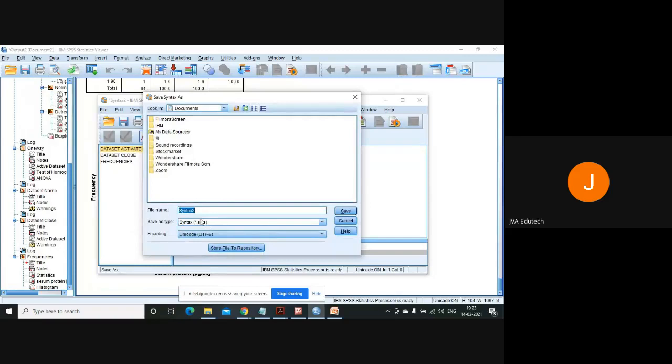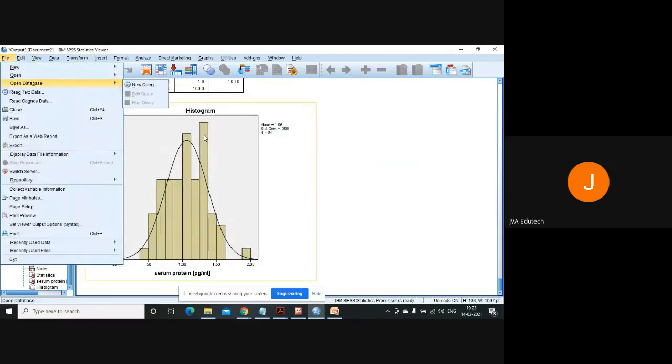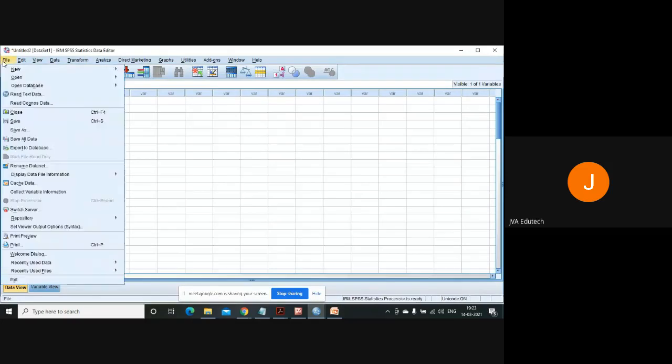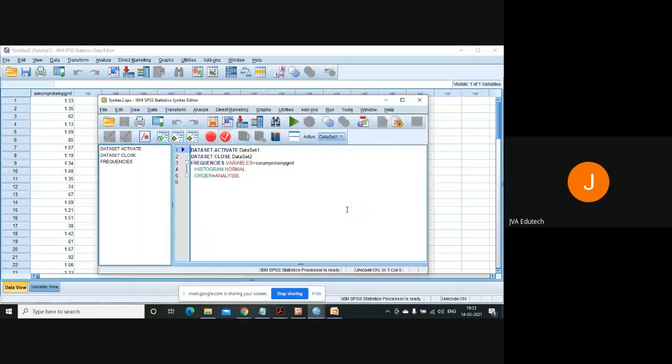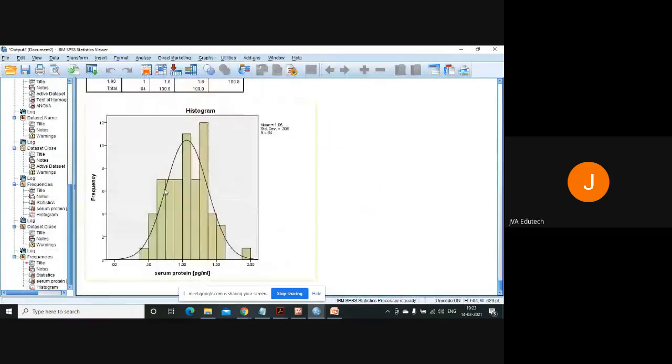And the good part is that you can save this syntax file. Save as syntax2.sps, and if I want to use it again, I can simply open it in SPSS, open syntax, syntax2.sps, which we have used. Again I'll run this, and again the analysis will be run.